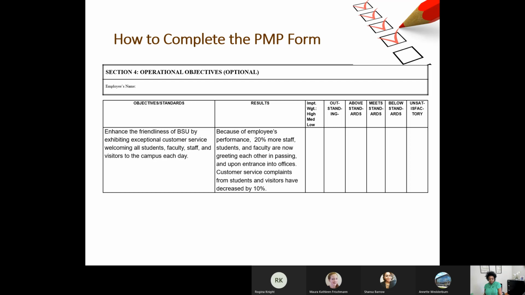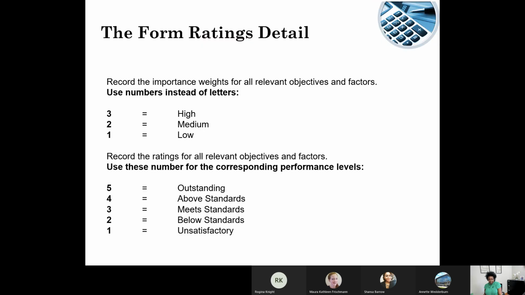Customer service complaints from students and visitors have decreased by 10%. Okay, and that sounds great to me. In fact, I would put that above standards or even an outstanding if you're writing a result like this for your team.